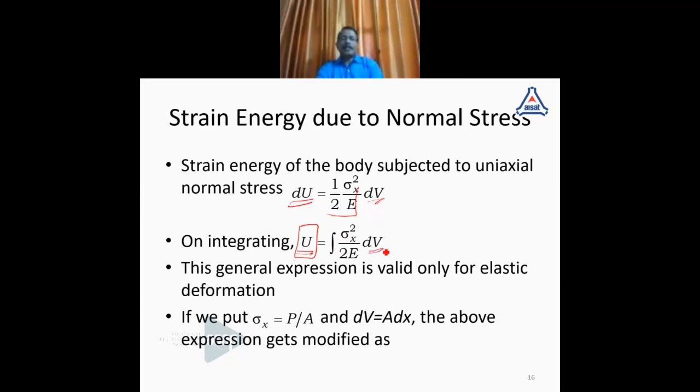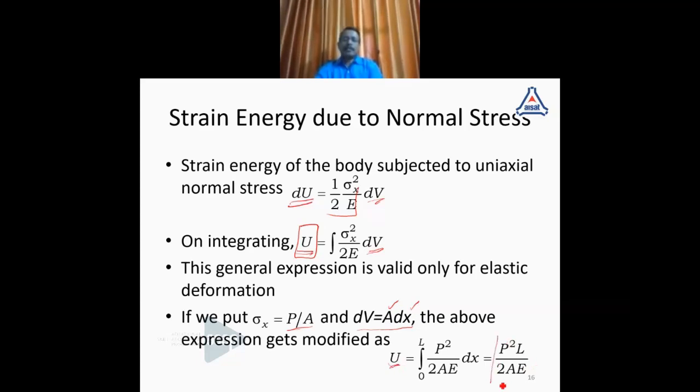It's just like a triple integral. And here we can put sigma is equal to P by A and dV is equal to A into dx. A is the area of cross section and this is a length. Now the expression can be modified as P square L by 2AE. U, the elastic strain energy, is equal to P square L by 2AE.